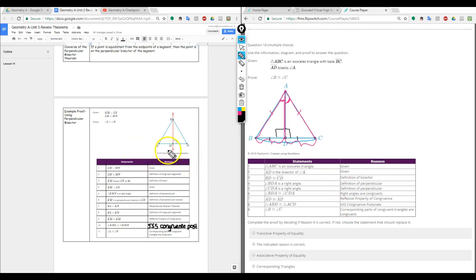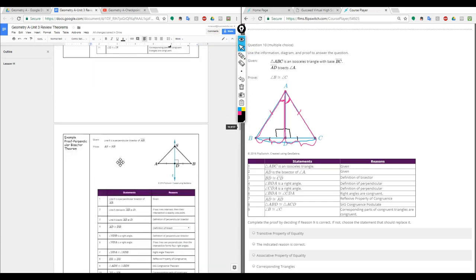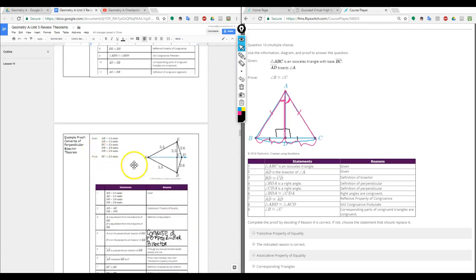And then angle BDA is congruent to angle CDA. Right angles are congruent. That's true because they both have 90 degree measures. And then they're saying AD is congruent to AD itself. AD is going to be congruent to itself right here.